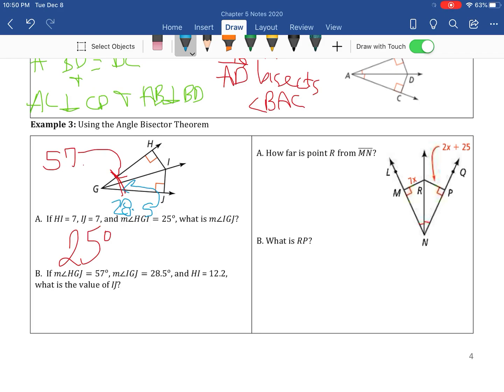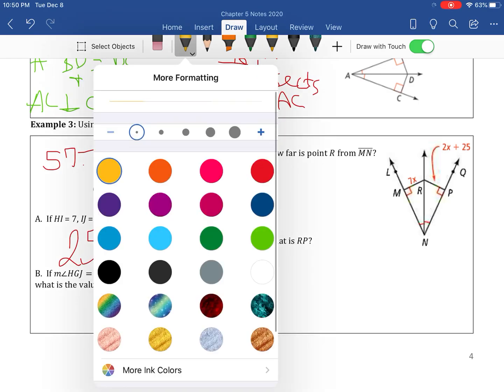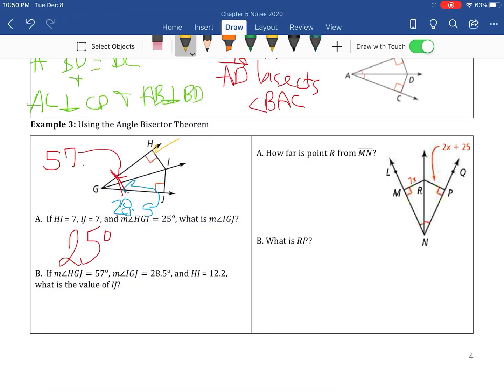And HI is 12.2. What is IJ? Well, the whole point of us trying to get this set up is to make sure that the angles are being bisected. If the bottom is 28 and a half, we know that the top also has to be 28 and a half in order for it to add to be 57.